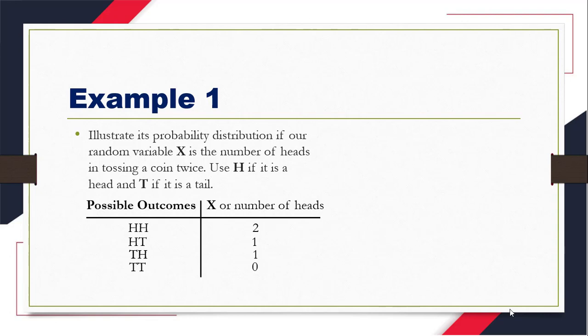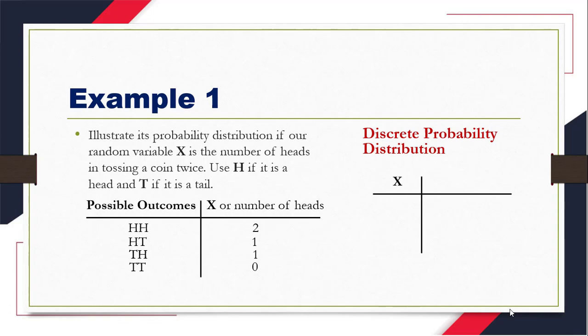Now, let us create our probability distribution, which consists of the values of our random variable X and the corresponding probabilities of the values of X. In the column of X, we only list down the unique values, and that is 0, 1, 2.